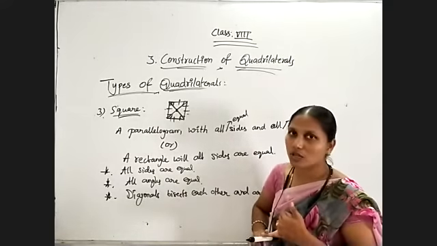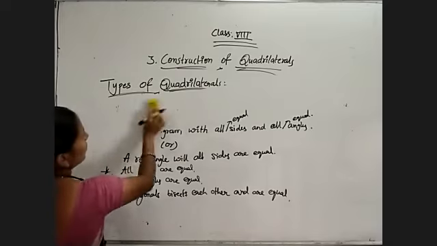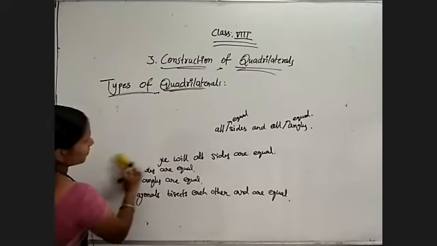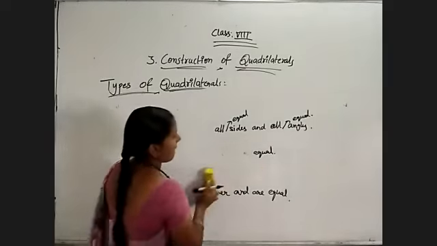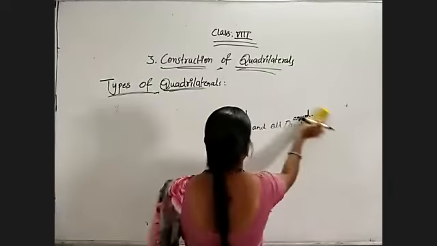Now after this we have the fourth one, rhombus. So for a rhombus, the definition is given by, what are the properties of a parallelogram? Remember, opposite sides are equal and parallel. Opposite sides, opposite angles.